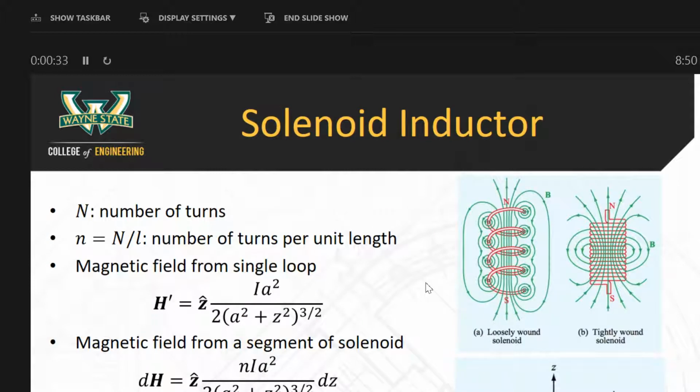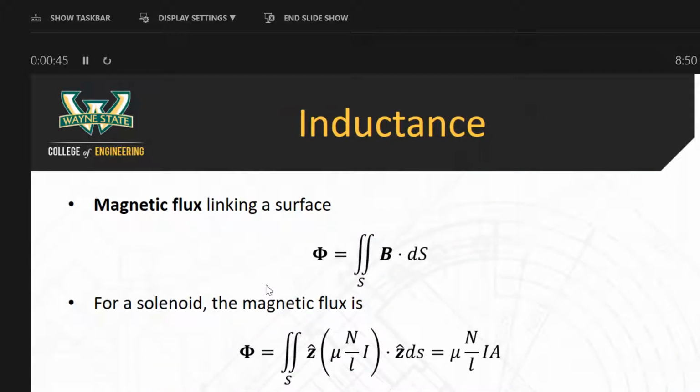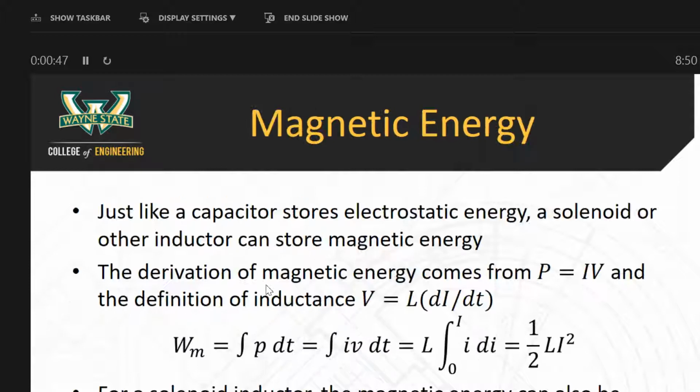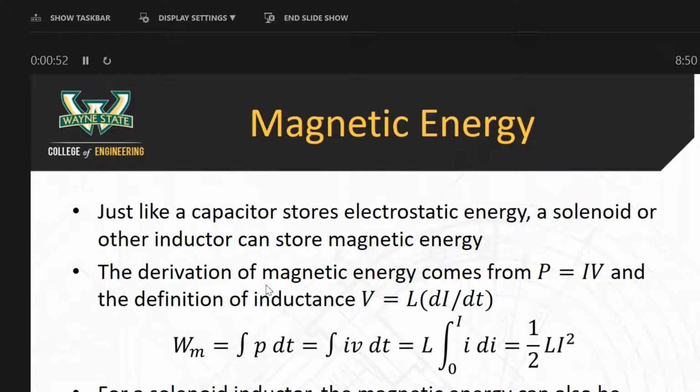This first slide shows how the magnetic field inside a solenoid is derived, and the next slide talks about what inductance is and what magnetic flux is. If you are interested in inductance and magnetic energy, you can take a look at these slides on your own at your leisure. If you have any questions about it, come and ask me.